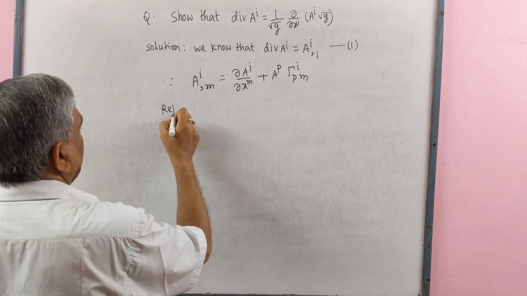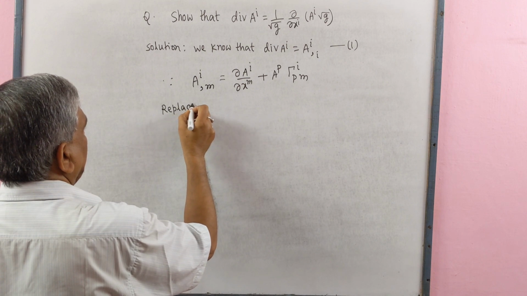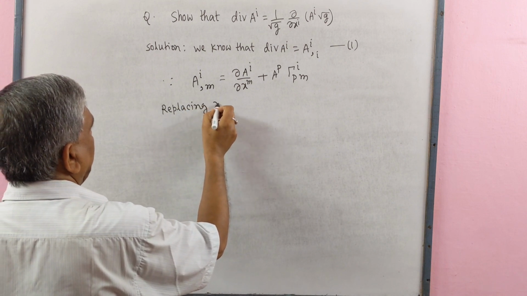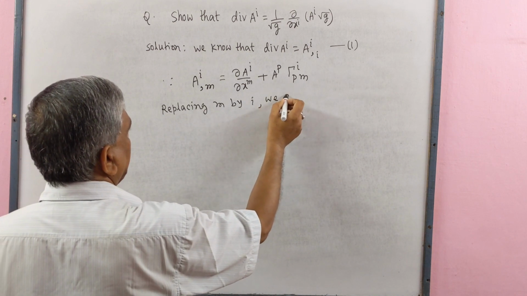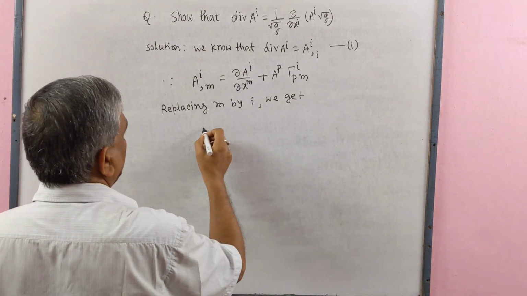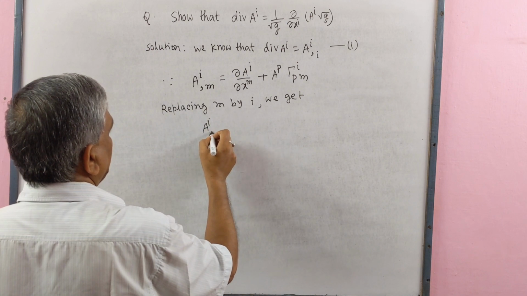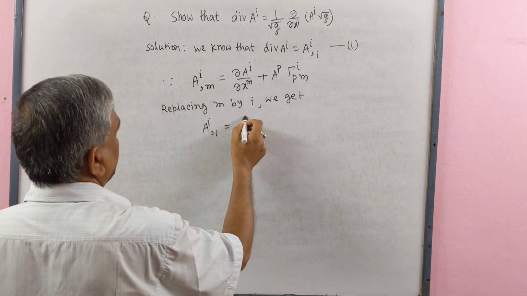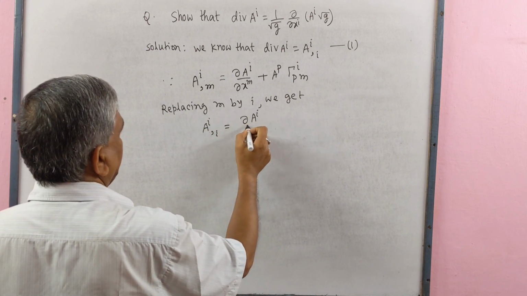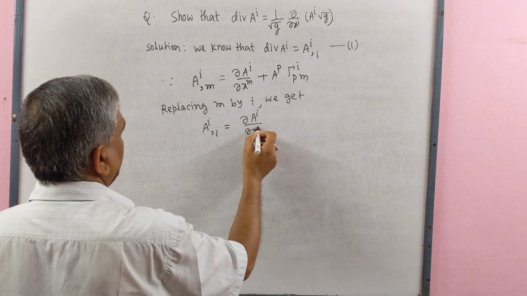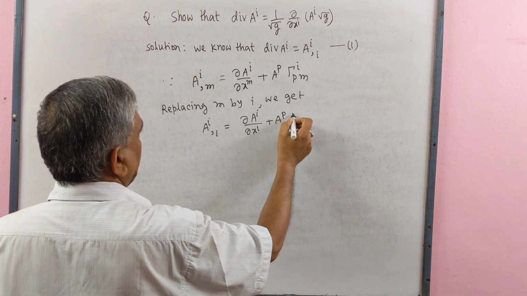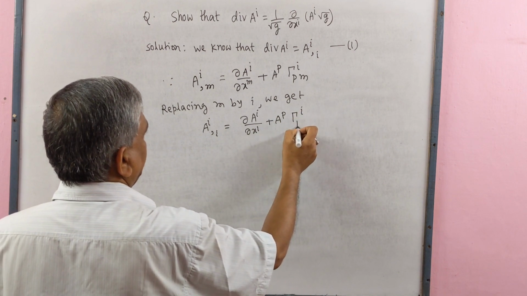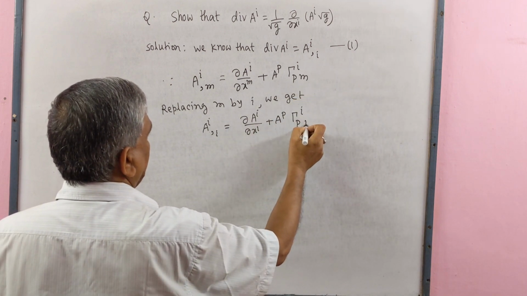Replacing m by i, we get A^i comma i equals del A^i by del x^i plus A^p {i, p i}, in place of m i.